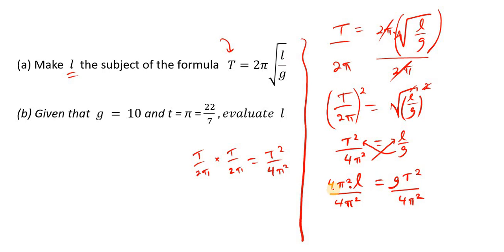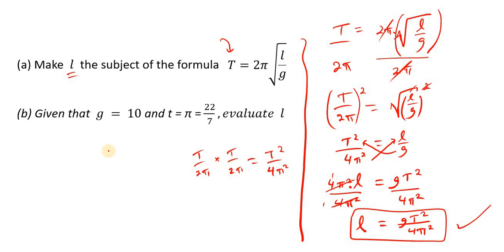The common factor we have is 4 pi squared, which can be divided into itself. So 4 pi squared in itself goes once, and we're left with L. And we cannot simplify the right-hand side, so we leave it as G T squared over 4 pi squared. Now, someone may argue that we could have just left this and put the G next to it outside, but I think this is quite fine as a solution.